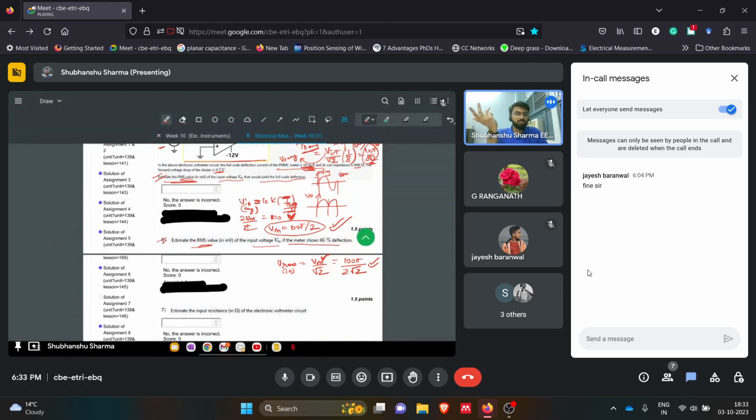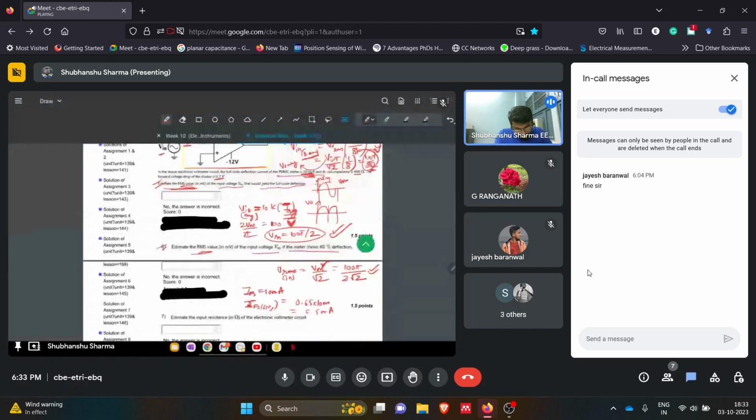That means 0.65 of the full scale deflection current. Initially I full scale was 10 milliampere. Then I at 65% will be equal to 0.65 into 10 milli, that will be 6.5 milliamps.